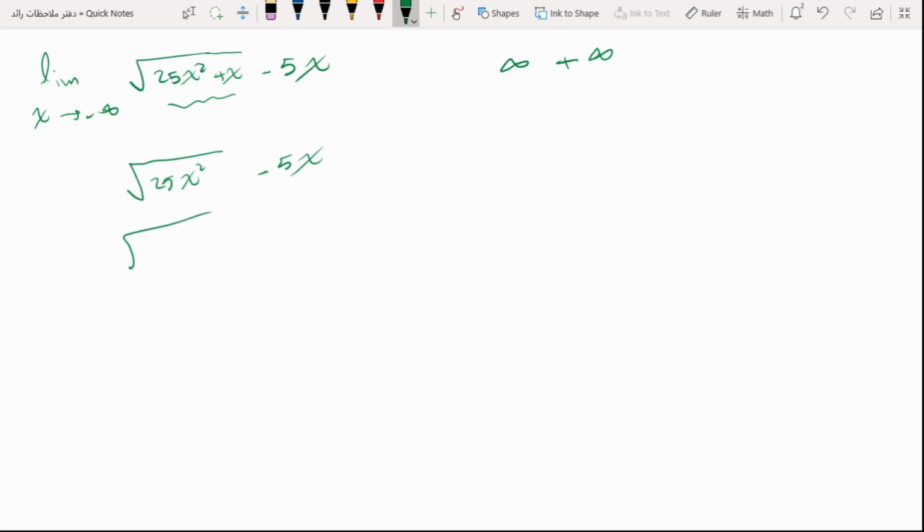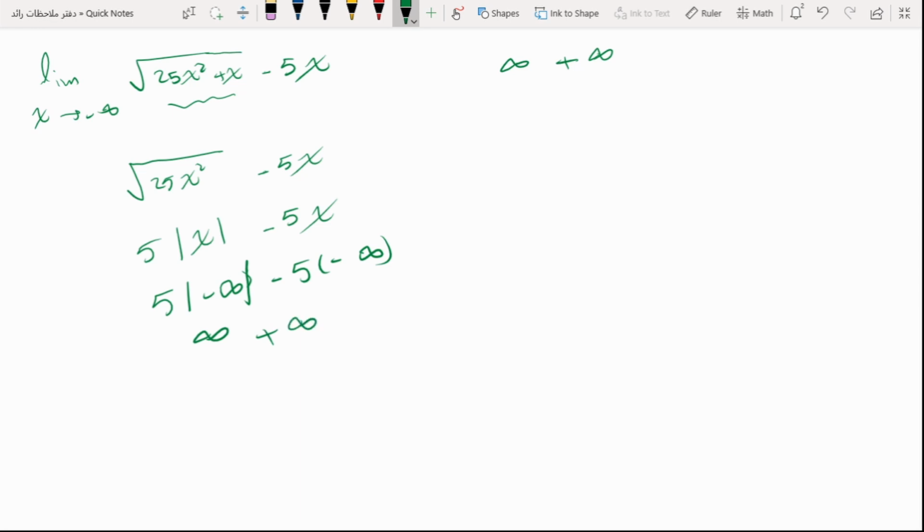So our check will be 5 absolute value of x minus 5x, the absolute value of negative infinity, minus 5 times negative infinity, which is positive infinity plus positive infinity, and the answer is positive infinity.